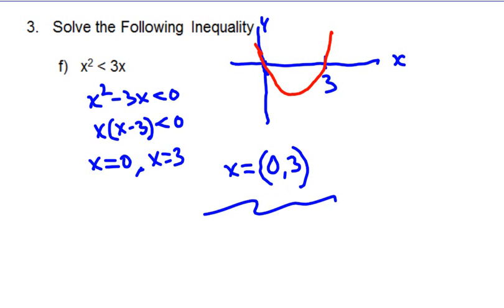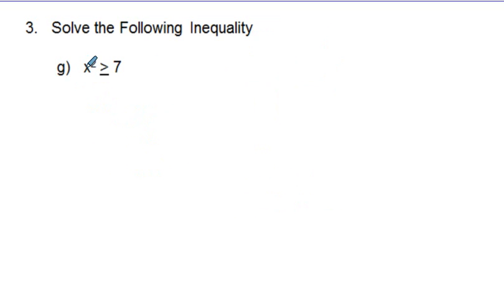Okay, next, G, we have x squared is greater than or equal to 7. So again, we could subtract 7 from both sides. We could rewrite this inequality as x squared minus 7 is greater than or equal to 0.